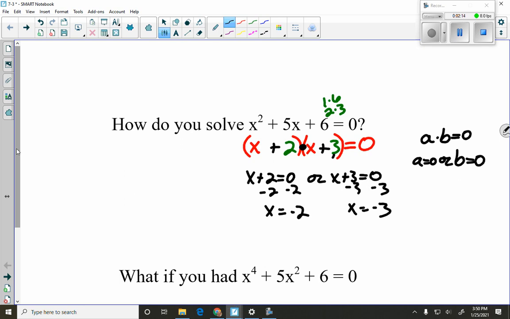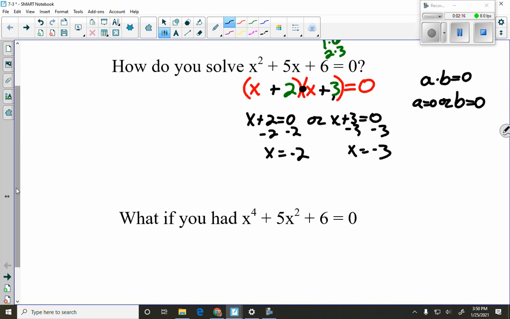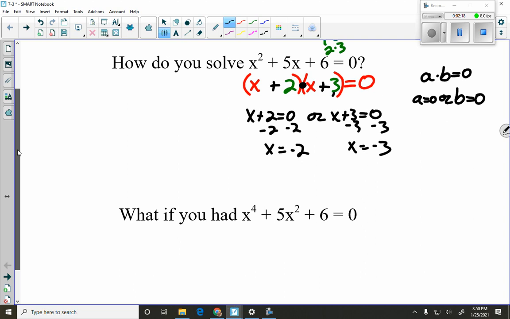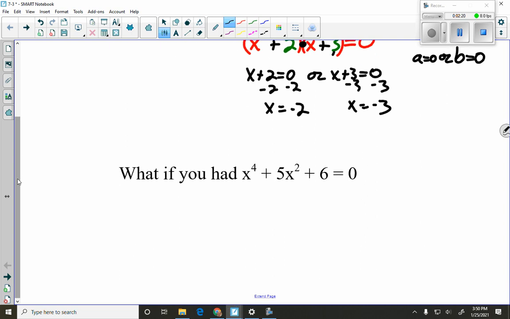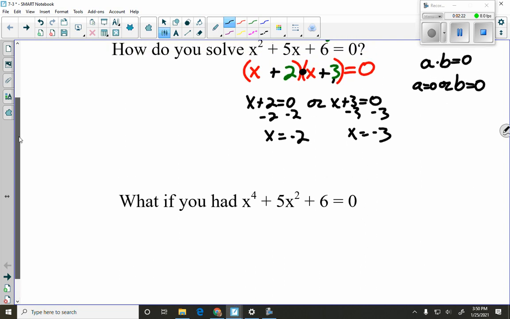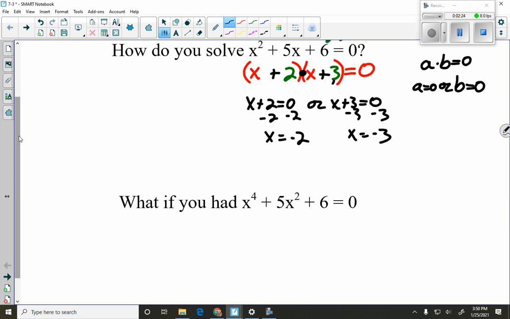Now, what if I didn't have something like that? We've solved quadratics before. How could I take this fourth degree? Well, what if instead it's still a trinomial? Could I factor it? What if I said, instead of x times x makes x squared, x squared times x squared? Would that make x to the fourth?